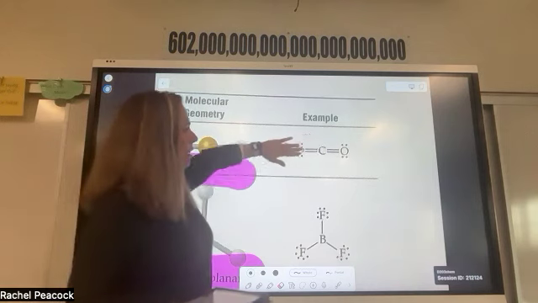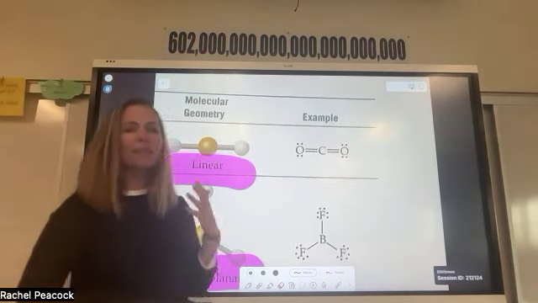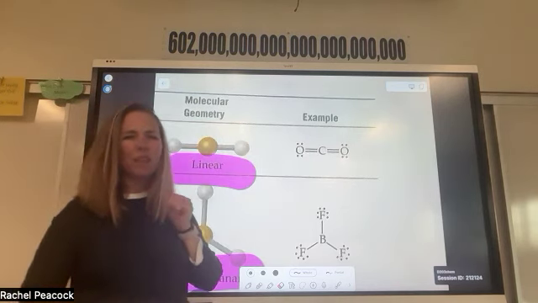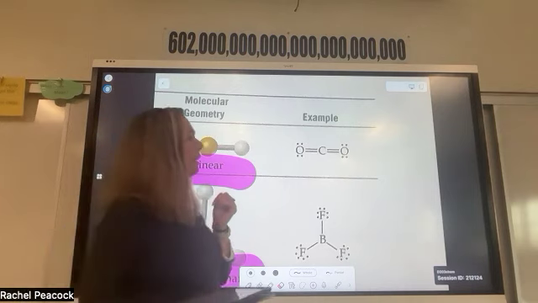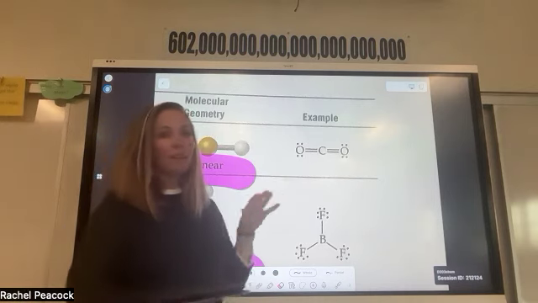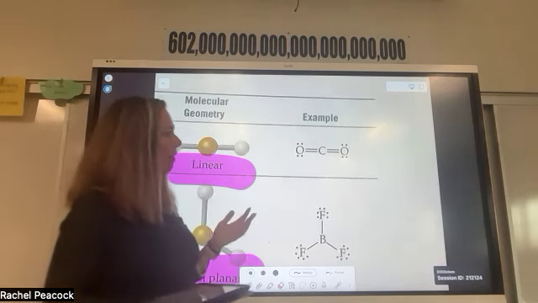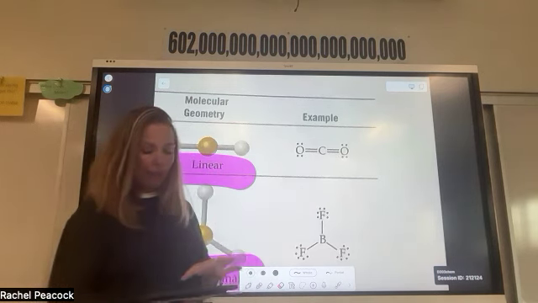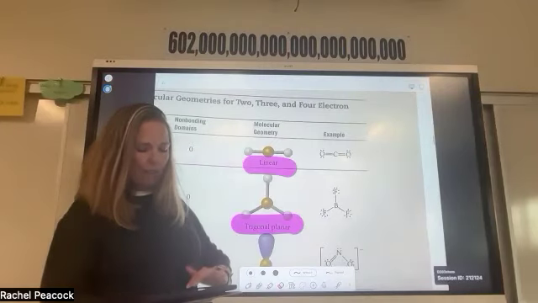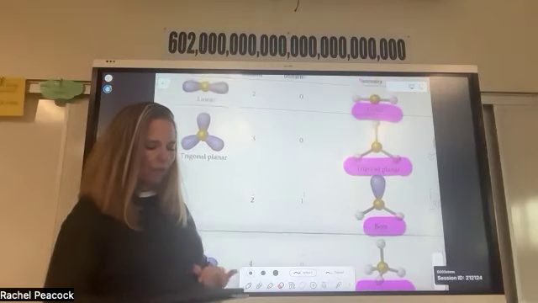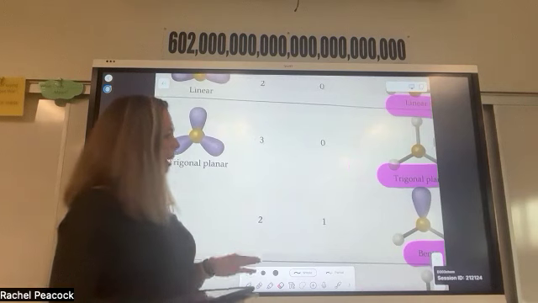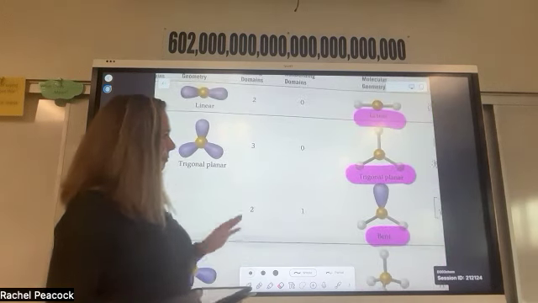So those are considered to be two domains instead of looking at it as four shared pairs, if that makes sense. So that's linear because you have two sets of electrons coming off carbon in different directions. All right, now if you get to trigonal planar, here's where your options come in.